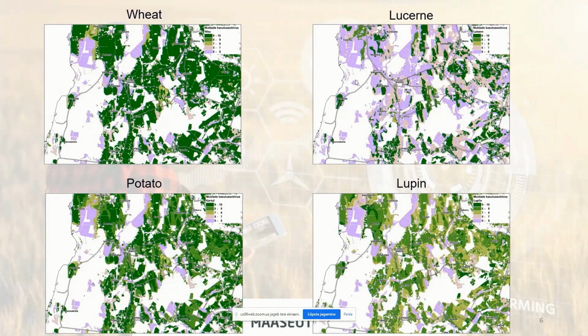Basically, you can see from the map application for each crop how the area or fields are suitable for growing them. The green color represents good suitability, and the purple colors show very bad suitability for growing, for example, wheat, for lucerne, for lupins, and for potatoes.